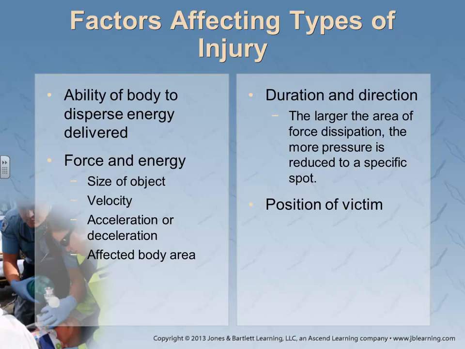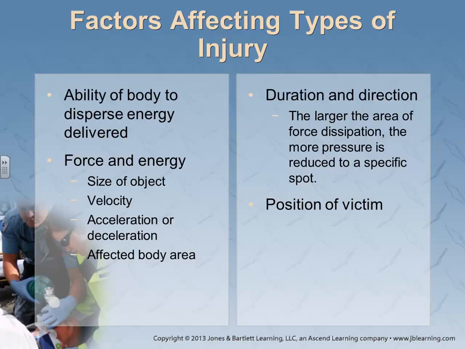So your size of your object, the velocity, acceleration or deceleration, and then your affected body area. The larger the area of force dissipation, the more pressure is reduced to a specific spot.